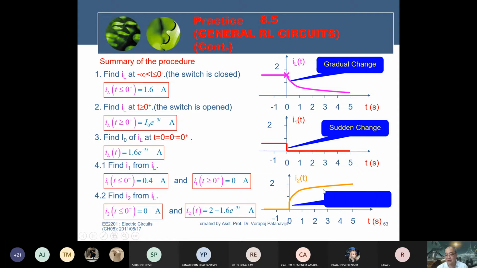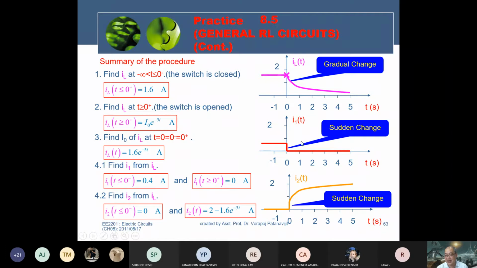From the final conclusion here, the inductor current must change gradually. If you plot the inductor current and it has some point that suddenly changes, you are wrong. Remember that you are wrong. In the physics world, the inductor current cannot be changed suddenly.